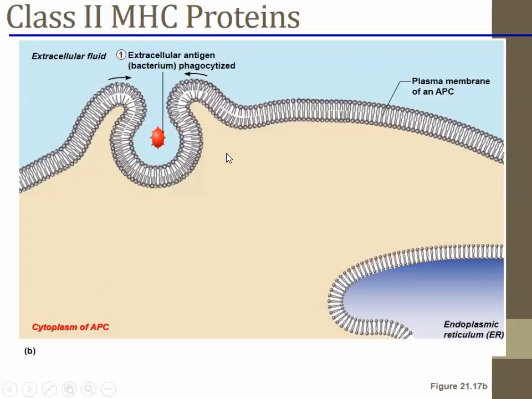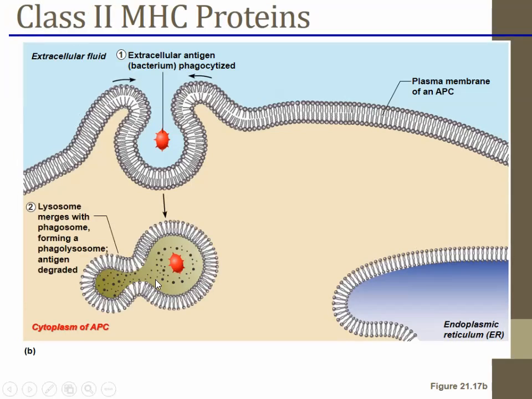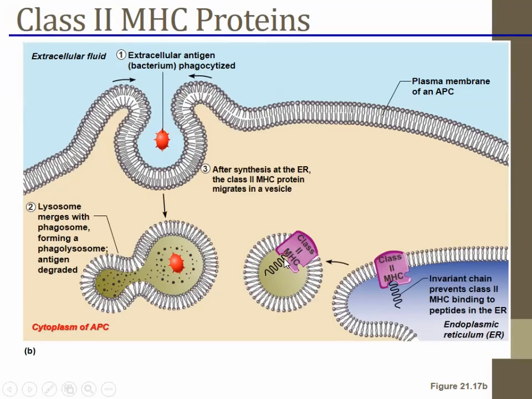All right, so this is a play-by-play. This is an antigen. Look at that little sucker. We ingest it, right? We merge it with a lysosome. We digest some material. And here's one of the proteins we happen to build all day long.